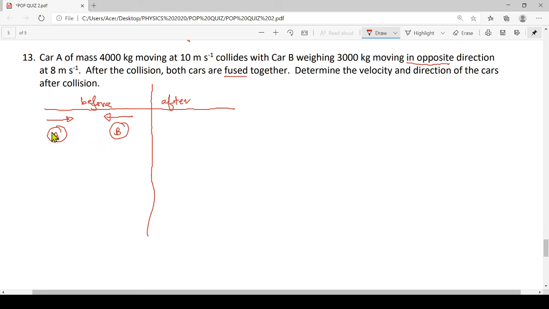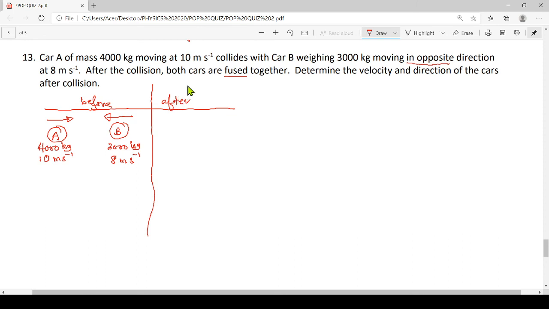Here the mass is 4,000 kilogram and the velocity is 10 meter per second. Car B is 3,000 kilogram, and the velocity is 8 meter per second.